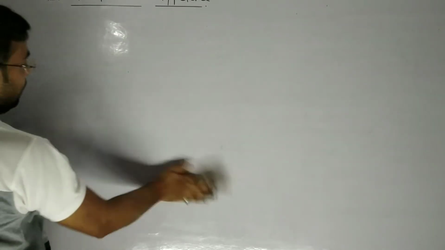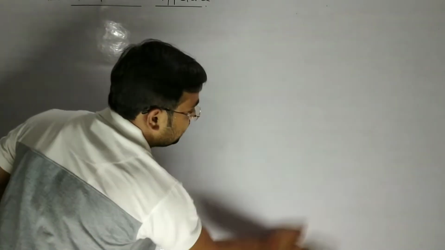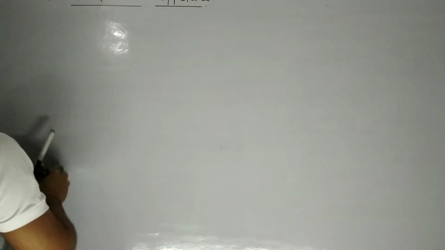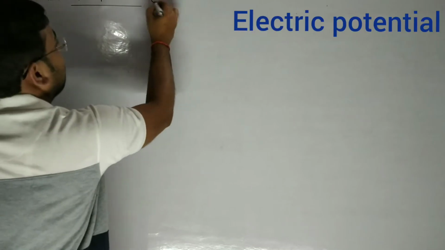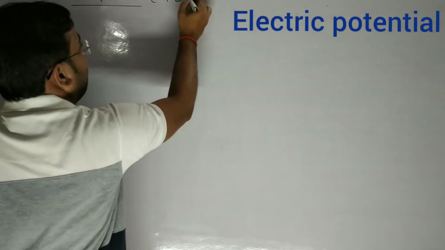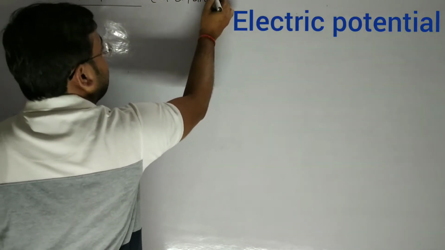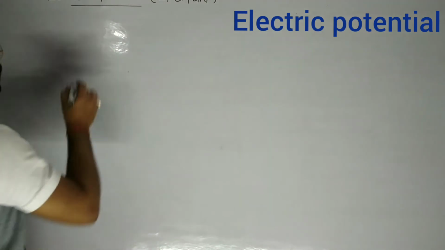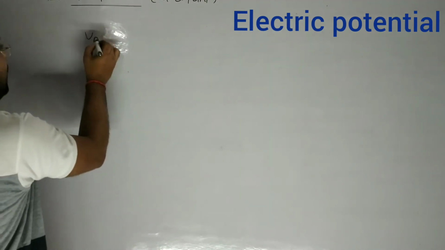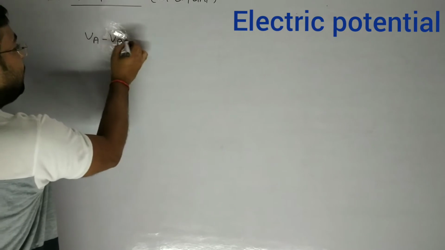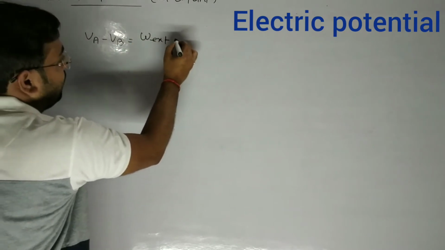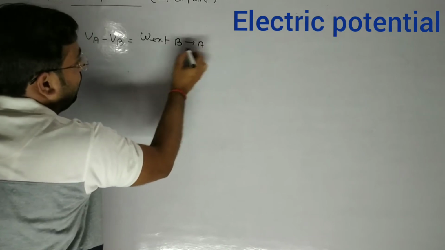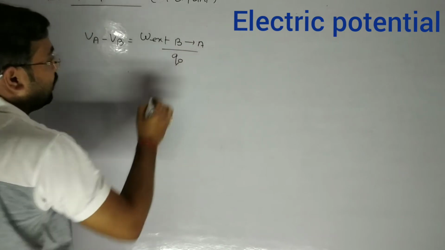Second thing, electric potential at a point. The formula is VA minus VB equals W external B to A upon Q naught.